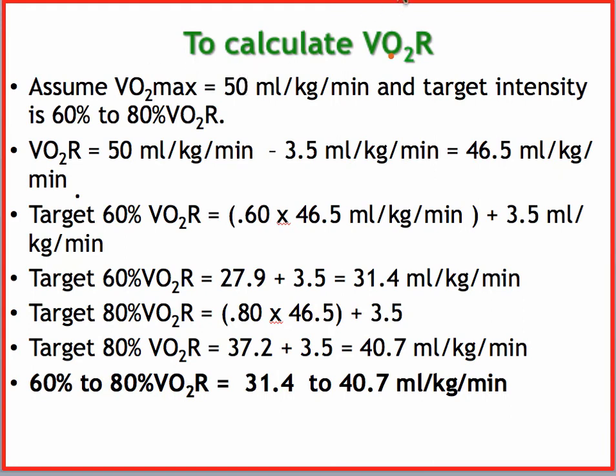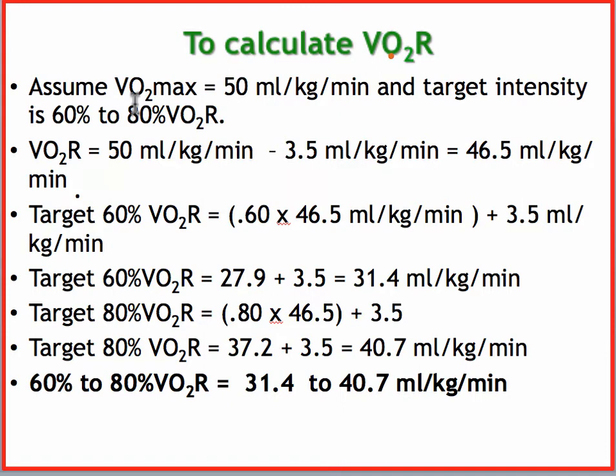So to calculate VO2 reserve, say you measured VO2 max or VO2 peak in someone and found that it was 50 mils per kilogram per minute, and you determined that in order for them to improve their cardiorespiratory fitness, you wanted them to exercise at an intensity between 60 to 80% of their VO2 reserve.